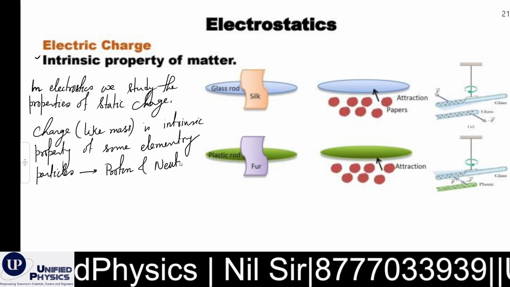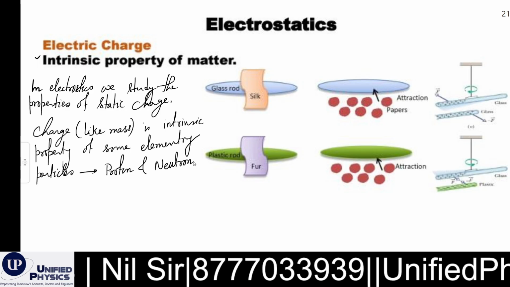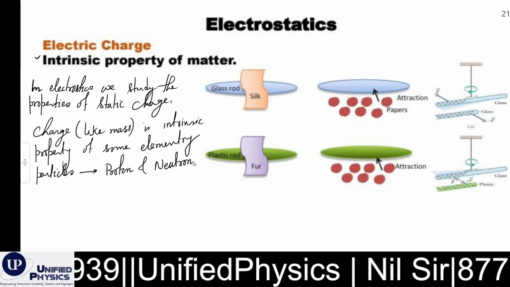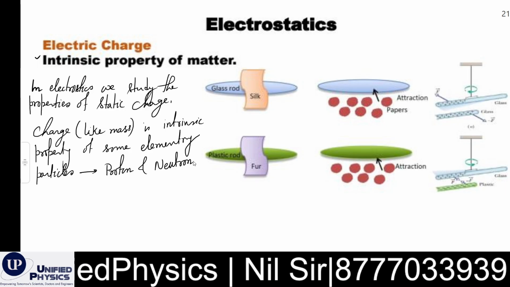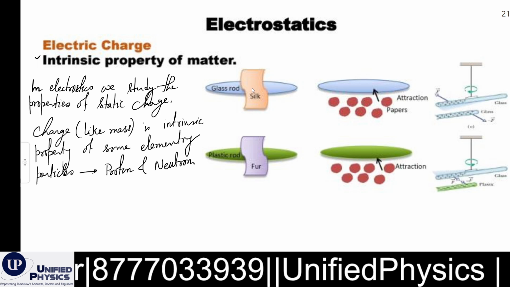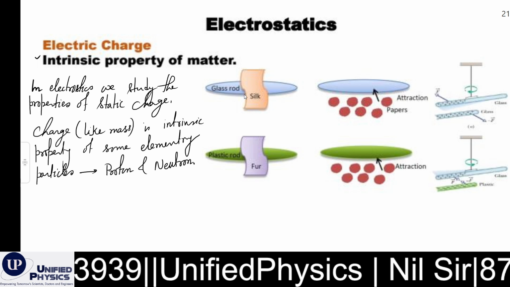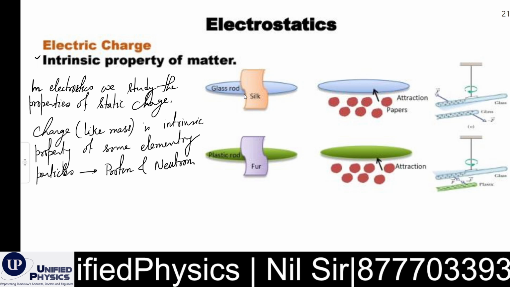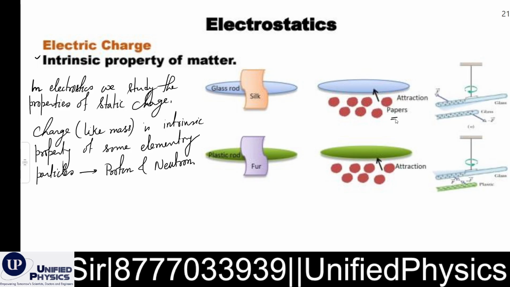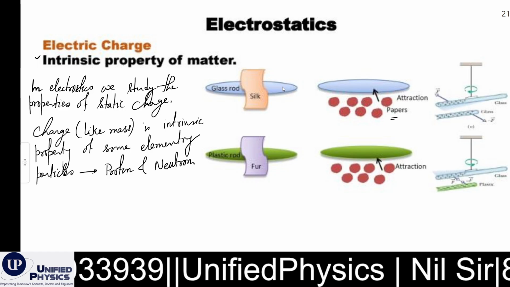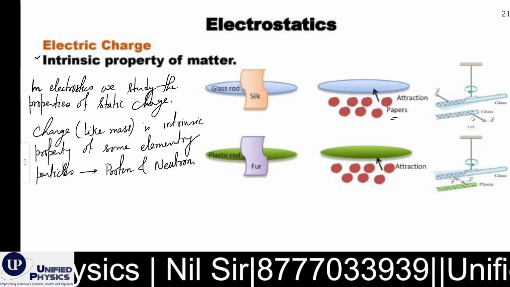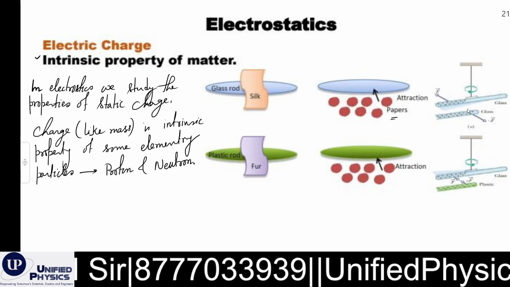So before BC, I think 300 BC, it was in Greece. It was observed that when a glass rod is rubbed with silk, it acquires some property due to which it can attract tiny particles. Okay, and if two glass rods are rubbed with silk and they come very close to each other, they repel each other.